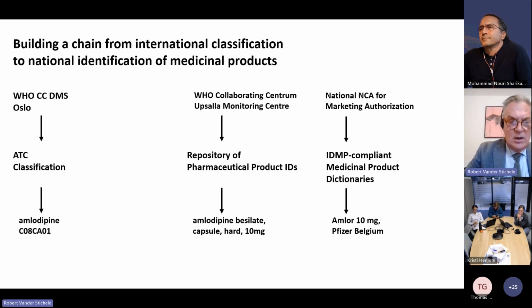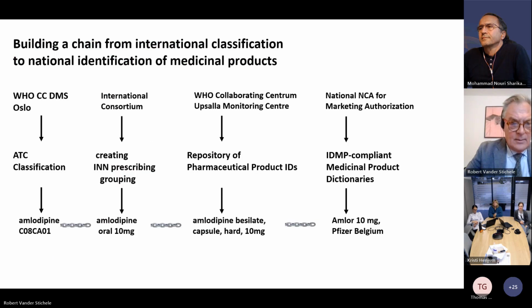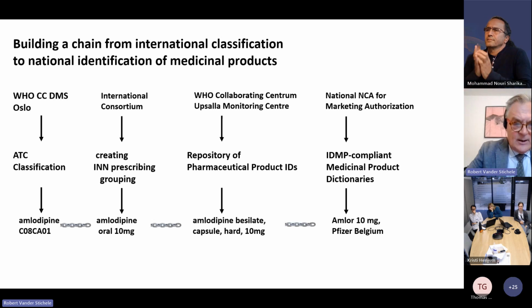And you see there's a white space here. In order to create a chain, we want to add another partner. An international consortium that will create the INN prescribing grouping, which is a slightly higher aggregated identification of several pharmaceutical IDs.